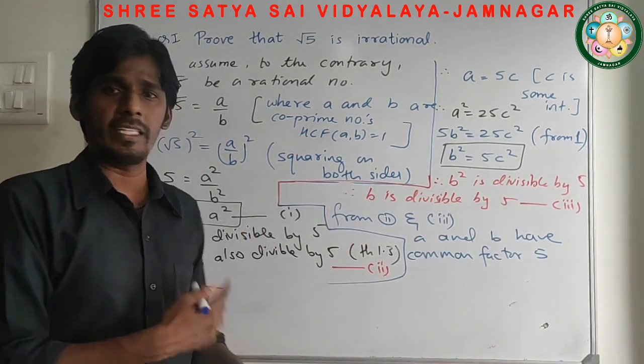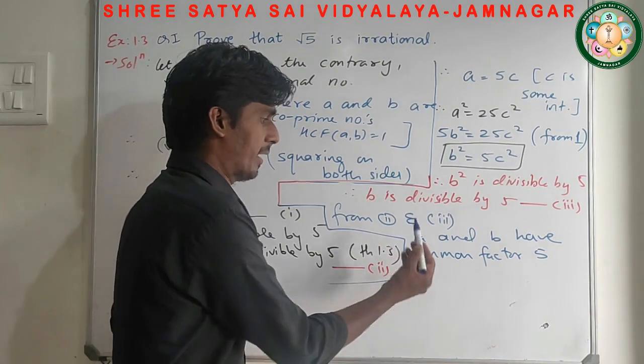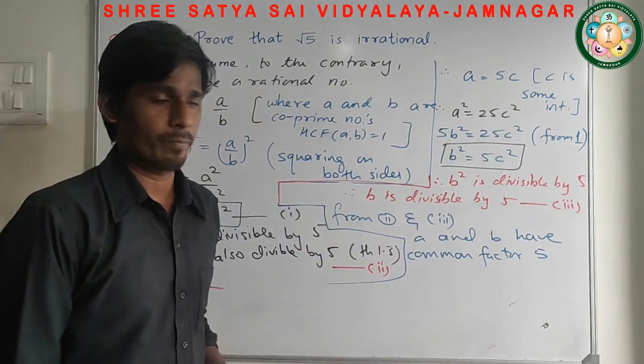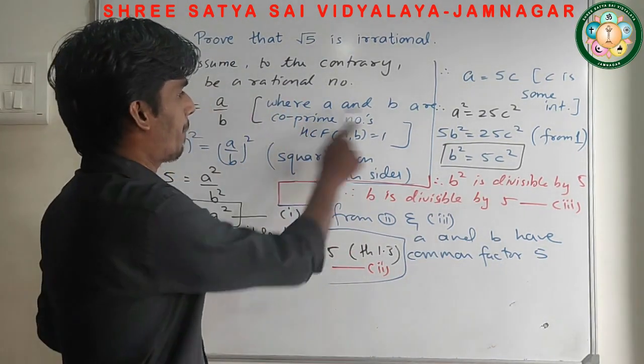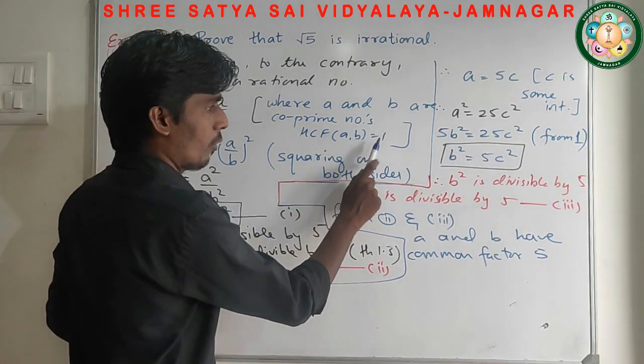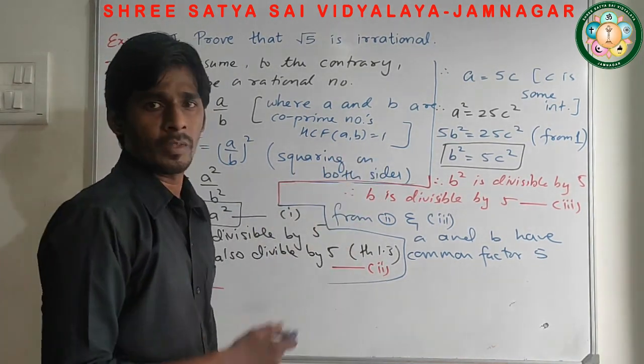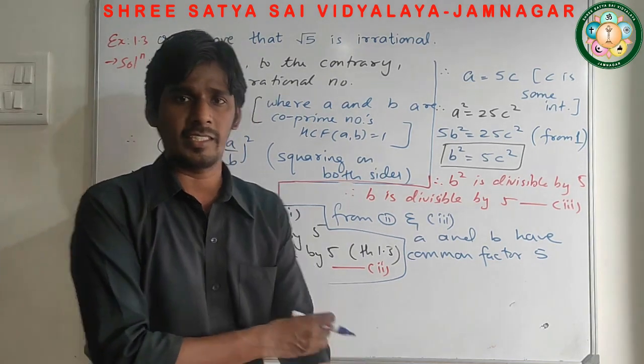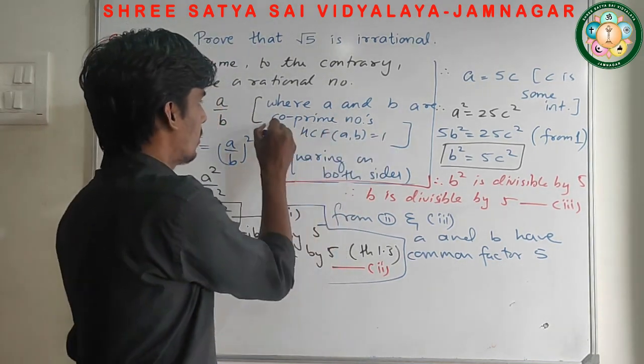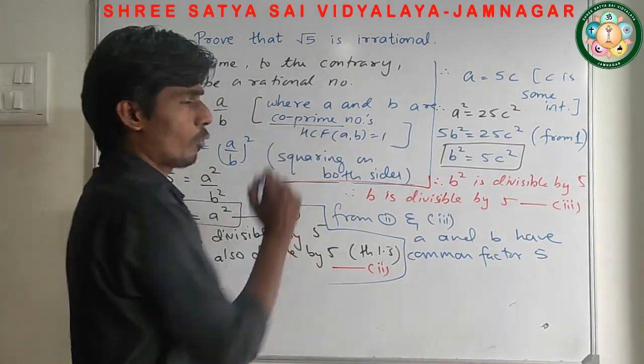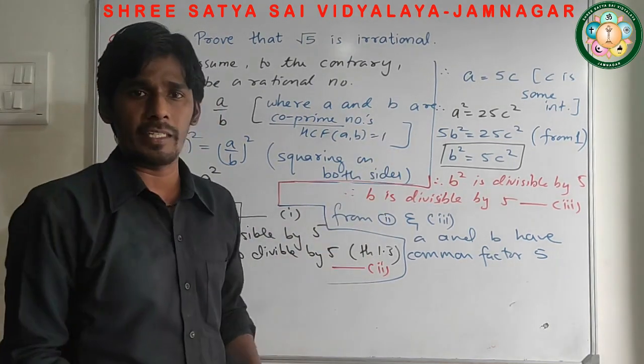If a and b both are divisible by 5, I can see that a and b have common factor 5, which is not correct, because we already wrote that a and b have only one common factor, that is 1. There was no common factor between a and b, because a and b are co-prime numbers. So how did a common factor come?